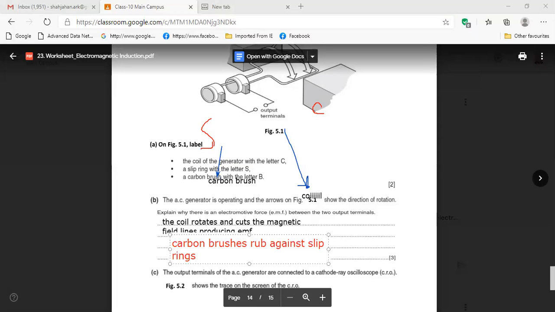Look, why are we adding this point? Because they already told us about the point that electromotive force is generated or produced, it is already mentioned. So to get 3 marks, we should add another point, that is carbon brushes rub against the slip rings.